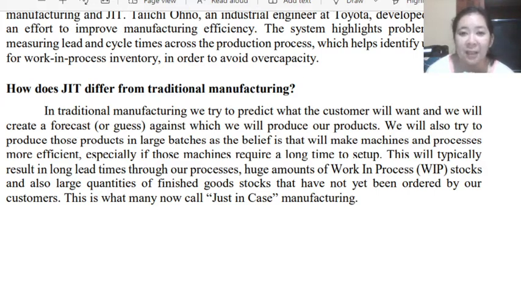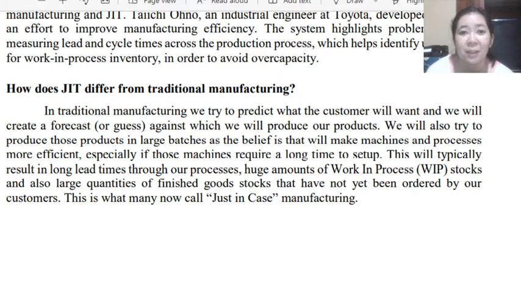So in that case, the entity will also try to produce those products in large batches as they believe that it will make the machines and processes more efficient, especially if those machines require a long time to set up. To compensate for the longer setup time, they will produce more.